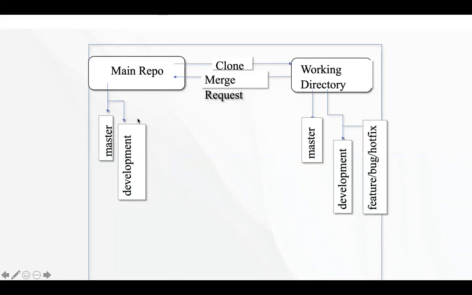We will create it on a GitHub account, and then we will clone it to the local repository, and we will create some modification in that repository. We will do some bug fix, hot fix, and then we will send a merge request to the main repository. The merge request is the same thing, like we are pushing the new changes to the main repository. So this is all we will do in hands-on.